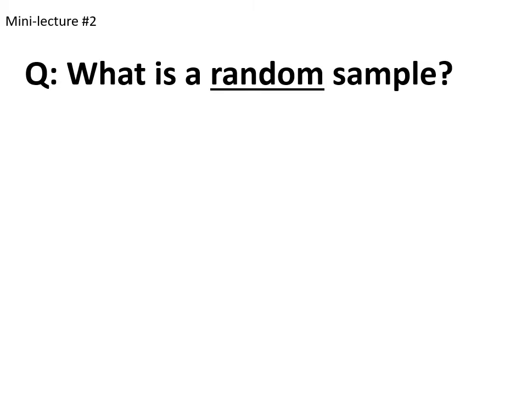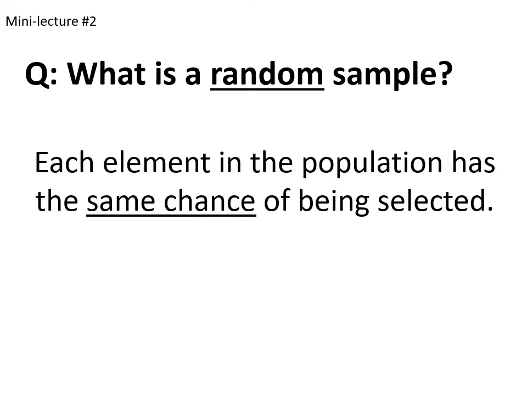So a random sample means that each element in the population has the same chance of being selected. In the previous slide, there were 25 people. Each person has a 1 in 25 chance of being selected.